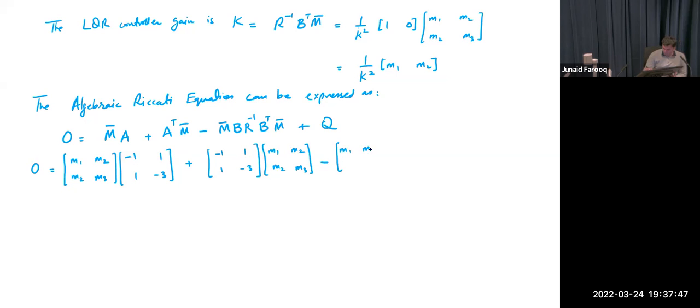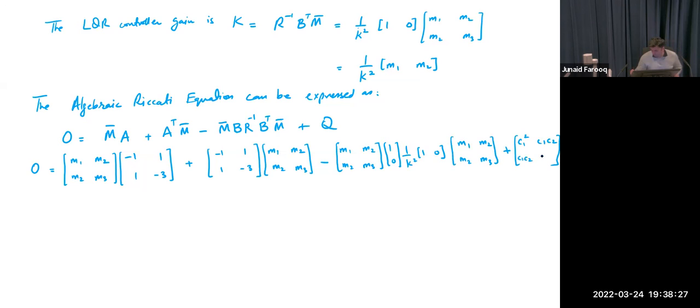Minus M, the B is [1, 0], R inverse is 1 over k squared, and then we have [1, 0] here, and then we have M again. Plus the last thing is Q. Q is [c1 squared, c1 c2; c1 c2, c2 squared].